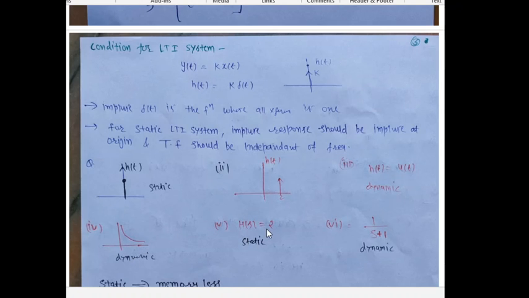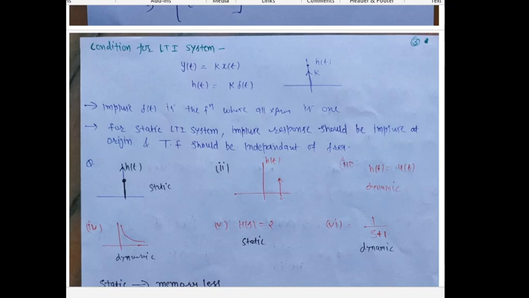This one is static because a static function should be free from frequency. So this is a static function and this is a dynamic function because it depends upon the frequency. As we put s equal to j omega, then we will get j omega plus 1. This depends upon the frequency. So this is a dynamic system.